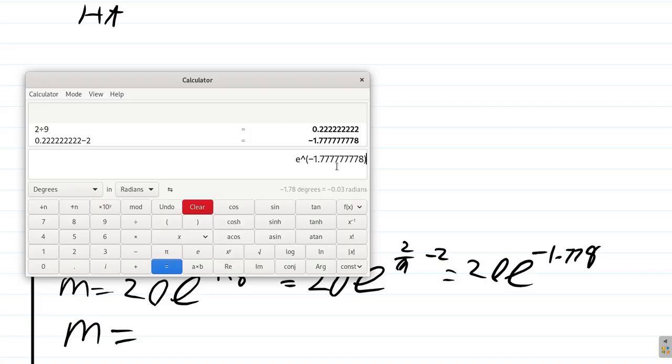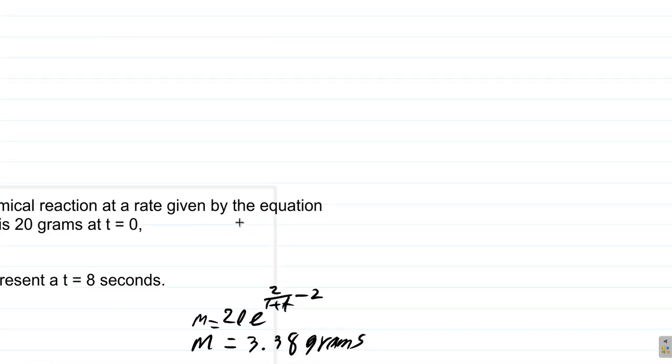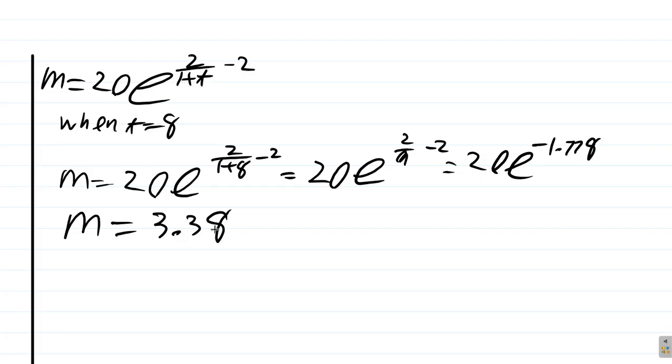So e to the power of negative 1.7778 and so on, equals. You get that? And then that multiplied by 20 equals 3.38. Alright? So I have 3.38 grams. You should always put the unit. Grams. Alright, so that's that.